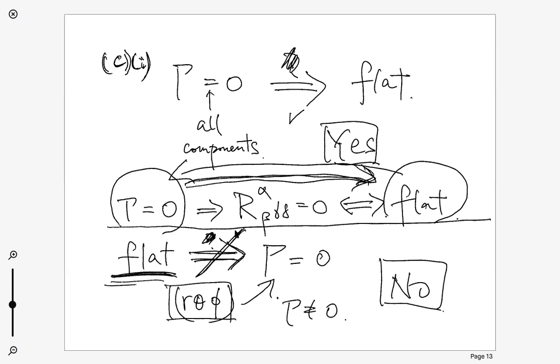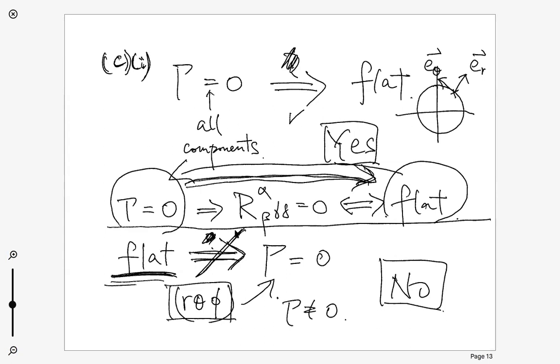Because if I draw the two-dimensional case using the polar coordinates here, the basis vector, for example, at this point, would be something like this. This is E_r, this is E_theta, if you recall.